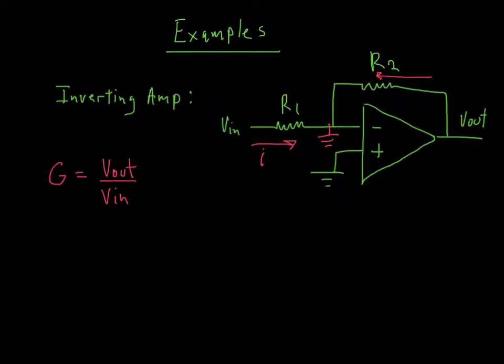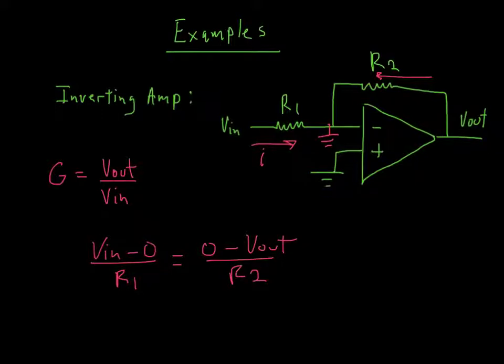So let's write that up. Basically, the I for the first part is going to be Vin minus 0, that's the ground, over R1. That's for the input side right here. That is going to be equal to 0 minus V out over R2.